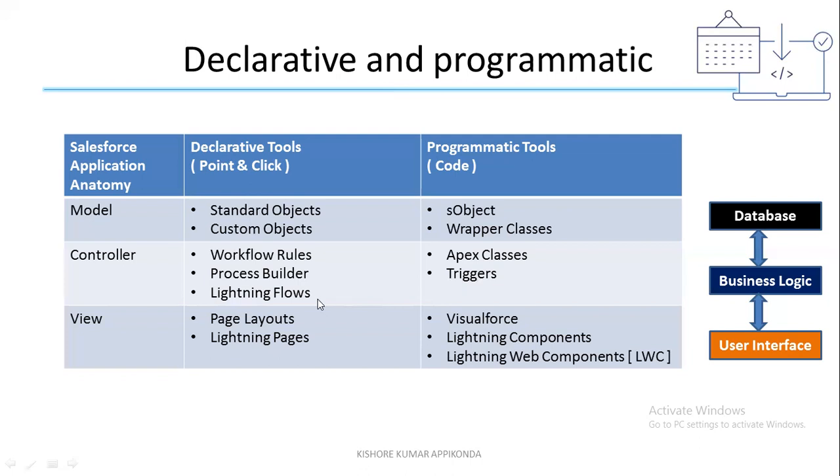For example, whenever you try to update any record information, the client wants to get an email. You can achieve that simply through a workflow email alert. Whenever a customer gets updated, you can send an email by using a workflow rule.